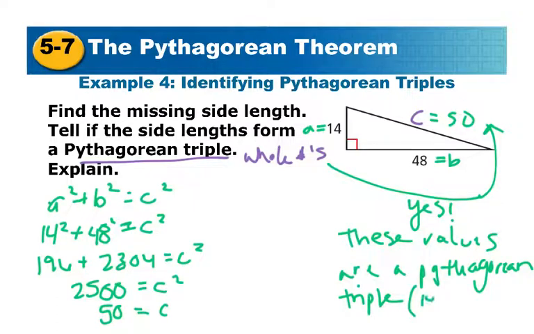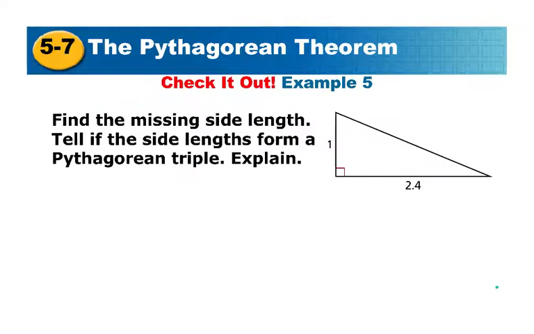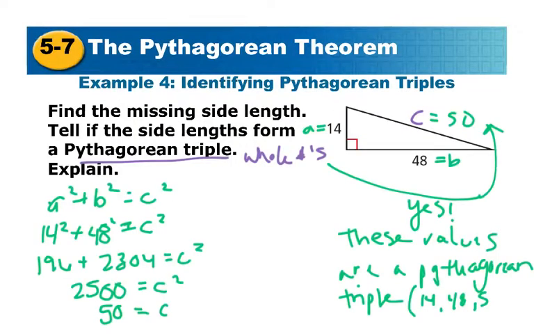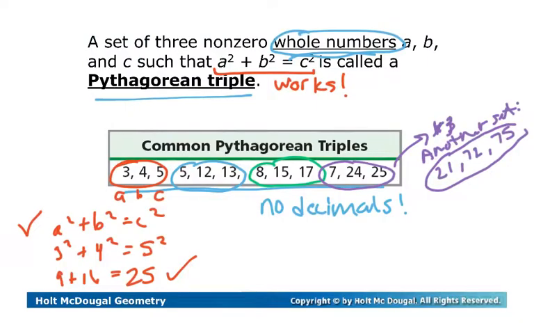So again, 14, 48, and 50 are a Pythagorean triple. And how would I know that would even happen? If we go back to the previous slide, all I would do is take this one and multiply by 2, and I'd get 14, 48, and 50. So hopefully you saw that link.